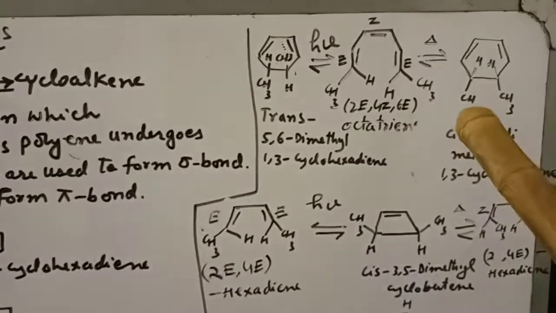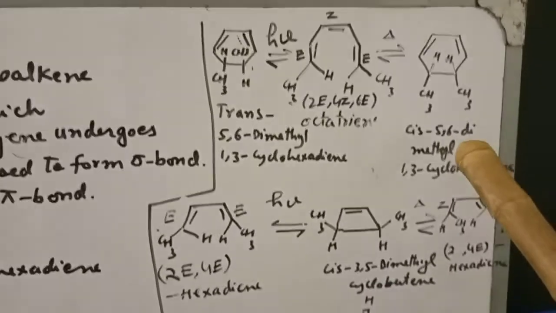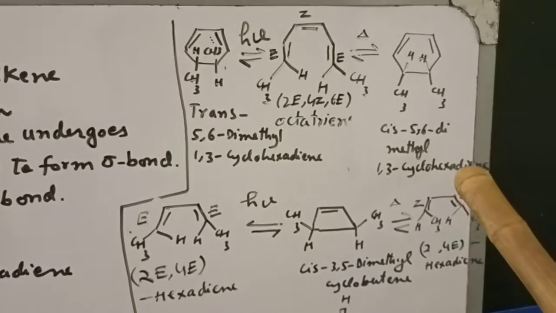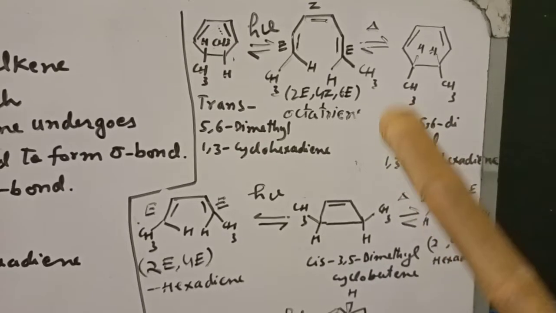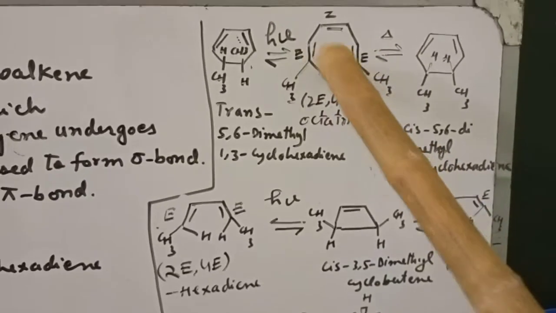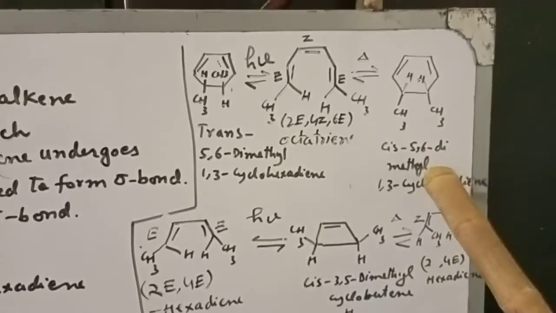When it is heated, it is converted into cis-5,6-dimethyl-1,3-cyclohexadiene. The double bond is shifted between this carbon and this carbon. This cis product is formed.